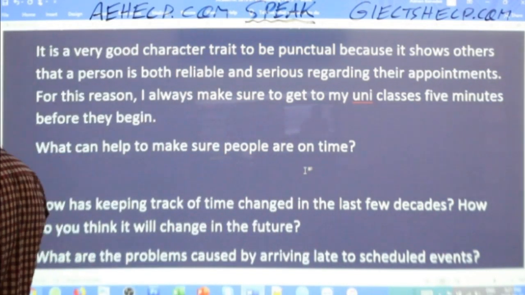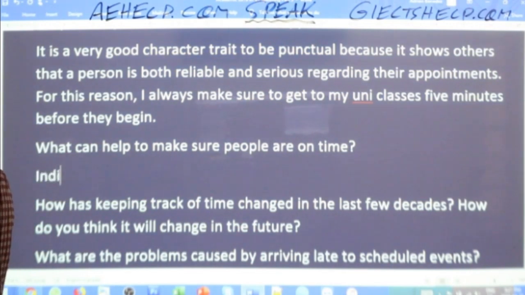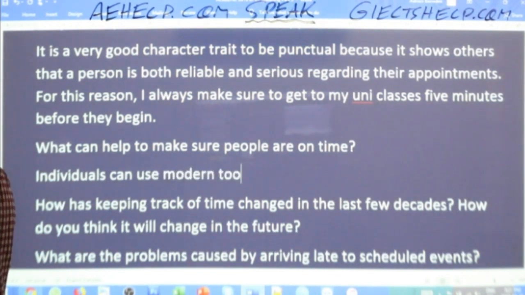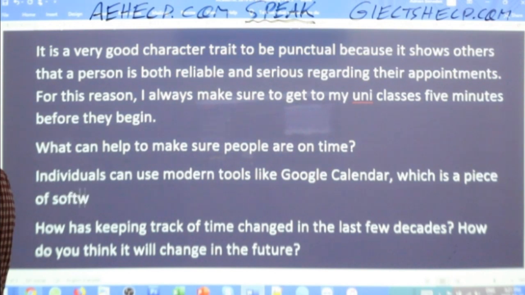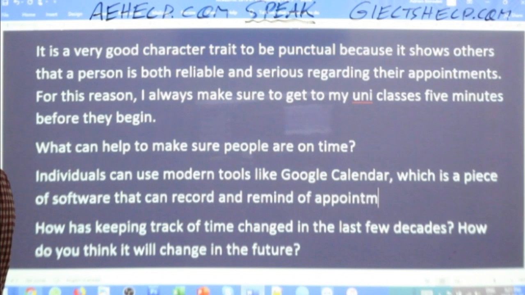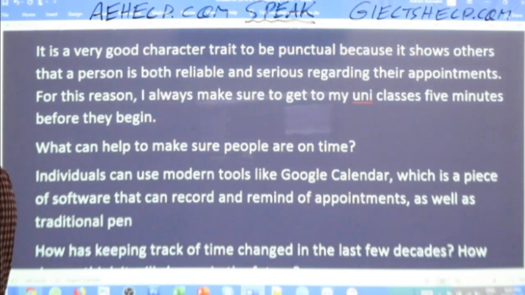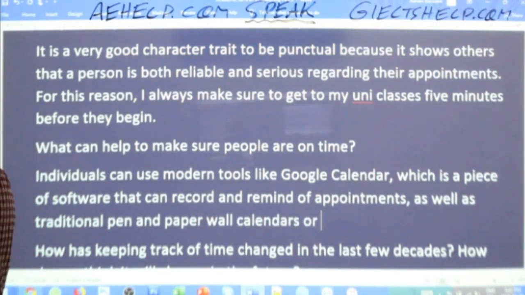So, individuals can use modern tools like Google Calendar, which is a piece of software that can record and remind of appointments, as well as traditional pen and paper wall calendars or day planners.